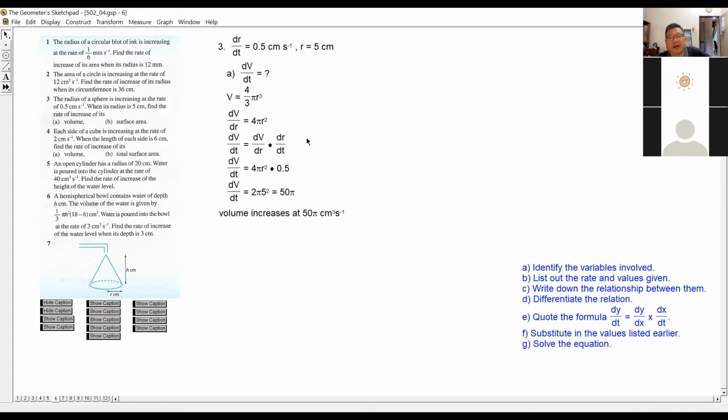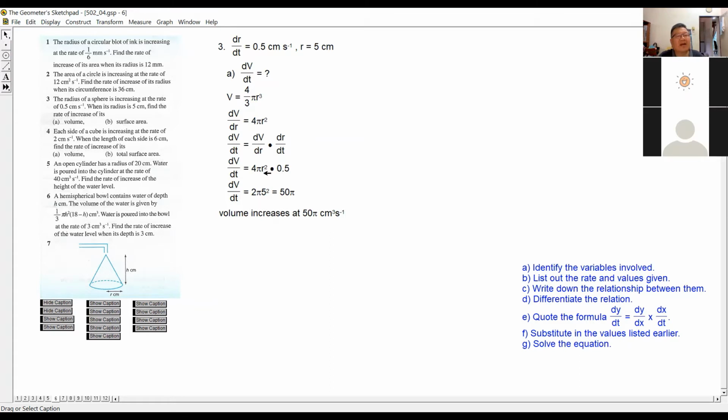Okay, right. So after that, you substitute inside. Then dv dr is 4 pi r squared. dr dt is 0.5. Then what is the value of r?